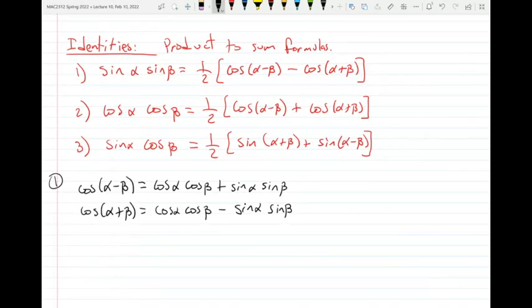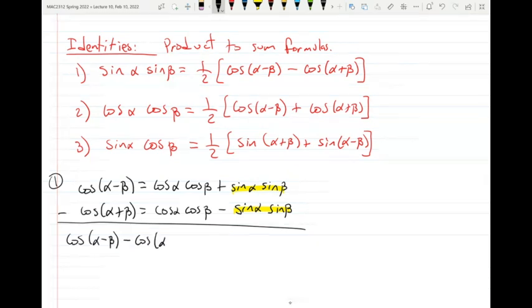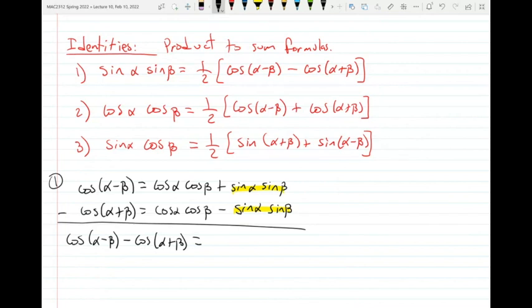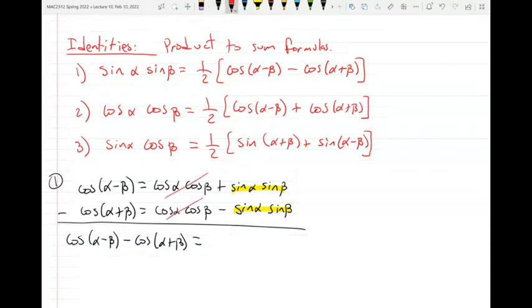All right. Now, if you are after the product of two sines, here they are. We just take these two lines and we subtract them. If you subtract the two lines, what do we get? On the left, we get cosine of alpha minus beta minus cosine of alpha plus beta equals, these terms are gone because they are the same, and then you get sine of alpha times sine of beta minus minus, so as plus, the same thing.